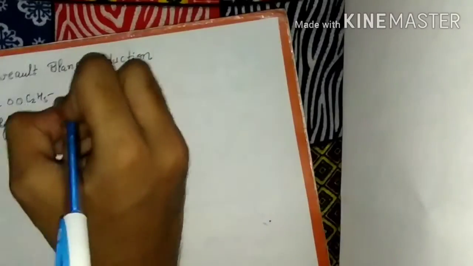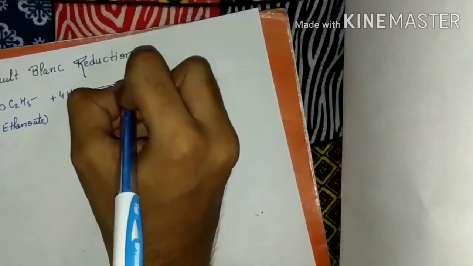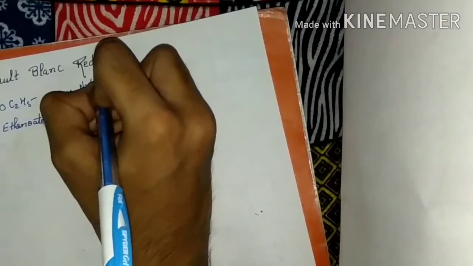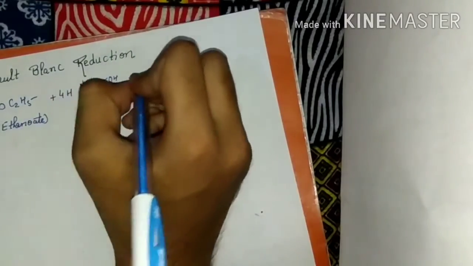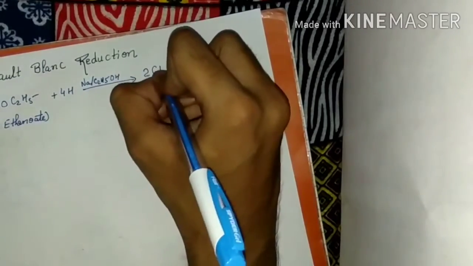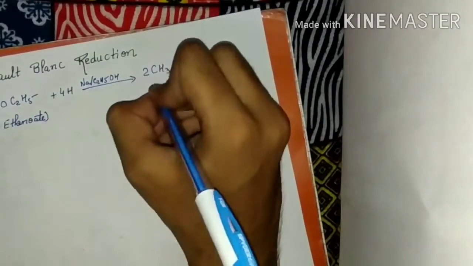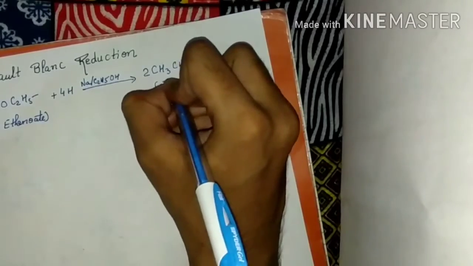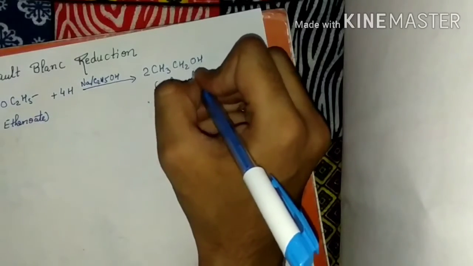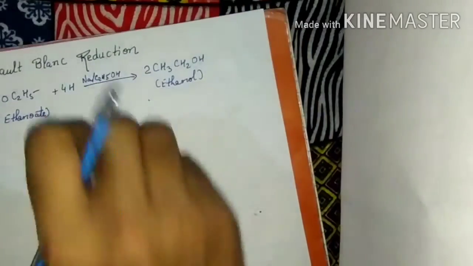Okay, plus 4 molecules of hydrogen in the presence of Na and C2H5OH gives 2 molecules of ethanol. Always remember, this is basic. Whenever an OH group is attached, that gives an alcohol, which ends with ol. Okay, so this is ethanol.